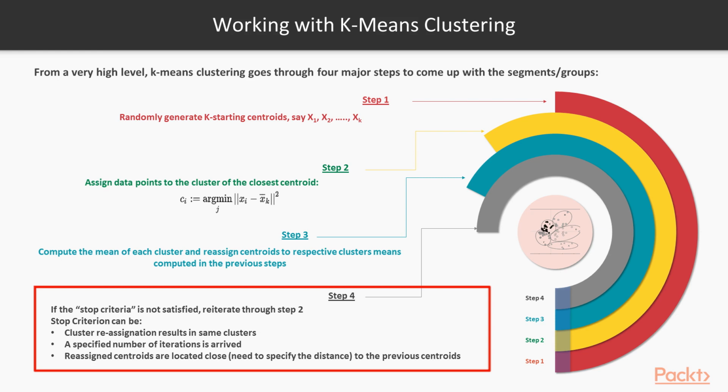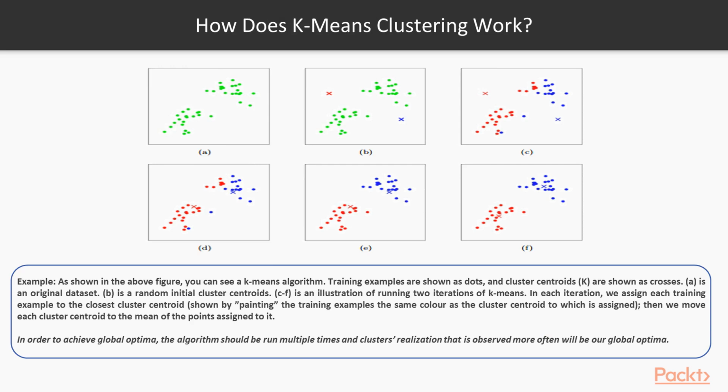A specified number of iterations which you have already given is reached. Or reassigned centroids are located very closely to the previous centroids, so there is no possible change in the formed clusters.